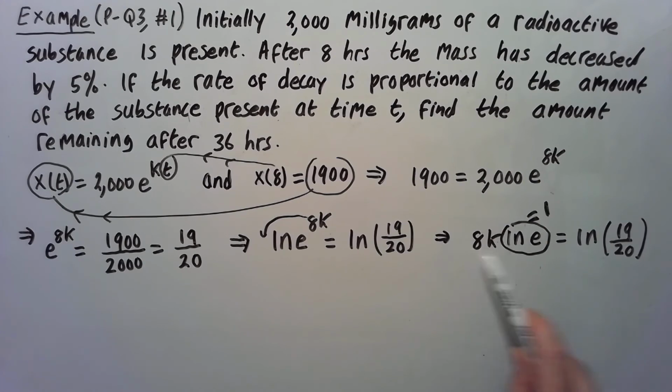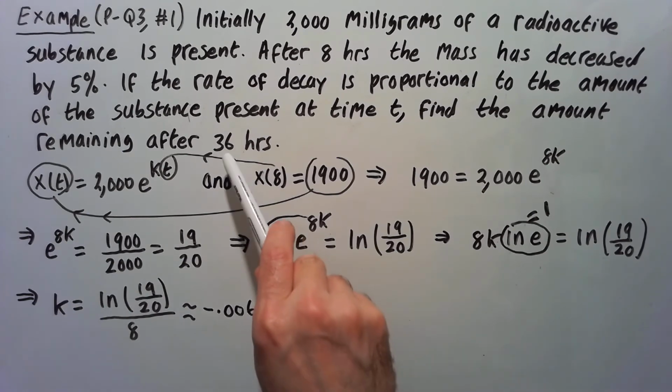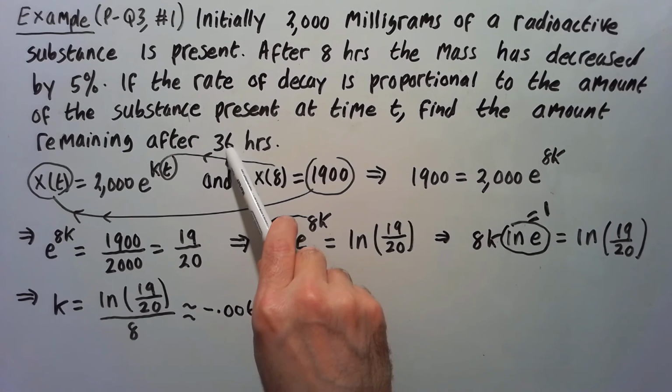So solving for k, dividing by 8, we get k equals ln of 19 over 20 divided by 8, which is roughly equal to, you can check on your calculator, negative 0.00641.